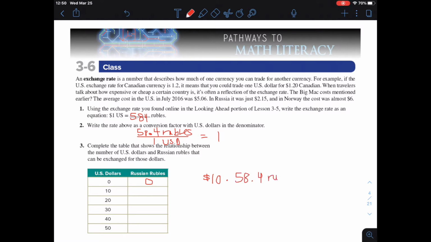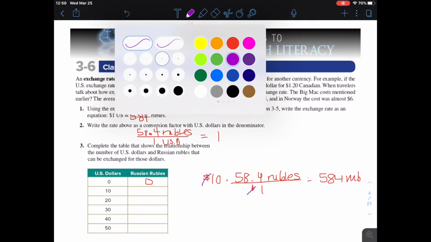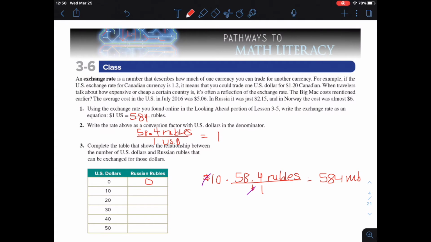We get 58.4 rubles per $1 US. So the US dollars cancel, and you get 584 rubles. Basically, these dollar units cancel. So 10 US dollars gets you 584 Russian rubles.